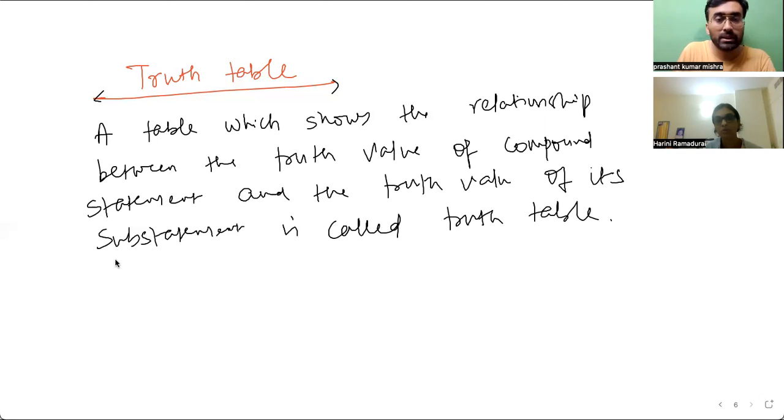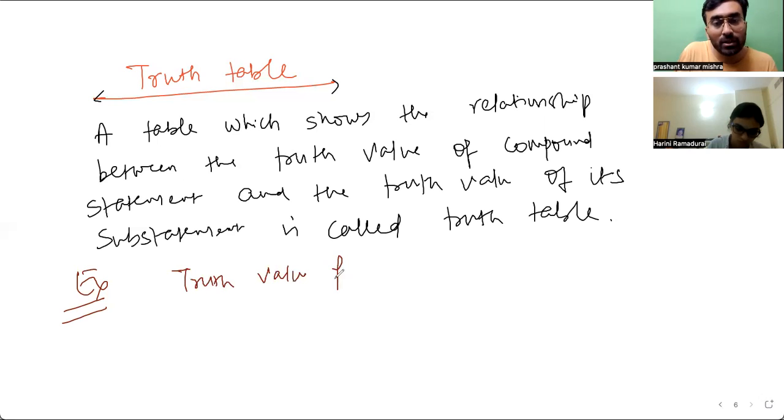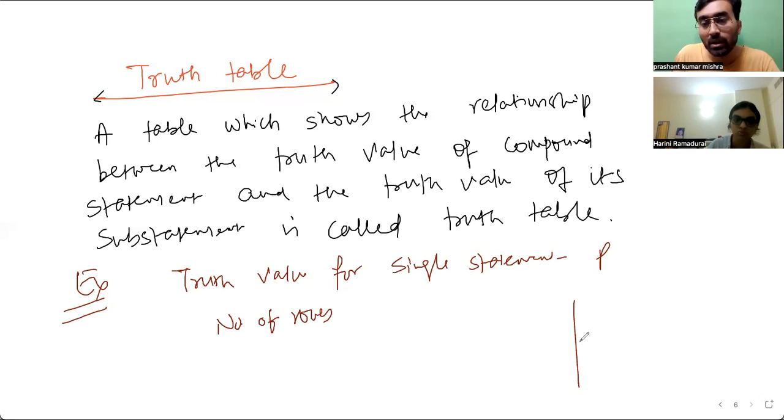Let's take an example. Truth value for a single statement P. So the number of rows will be how much?